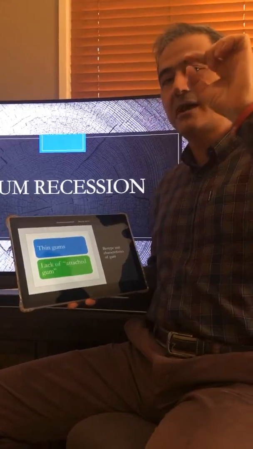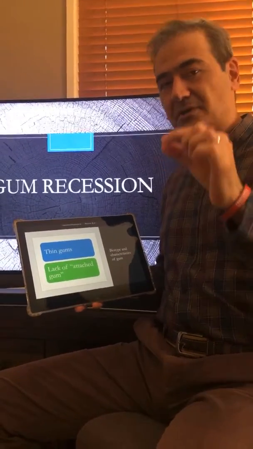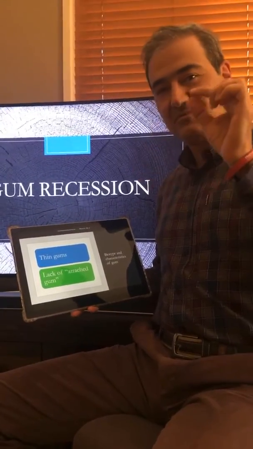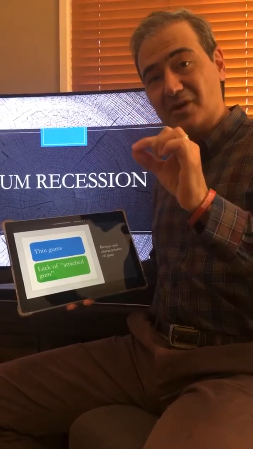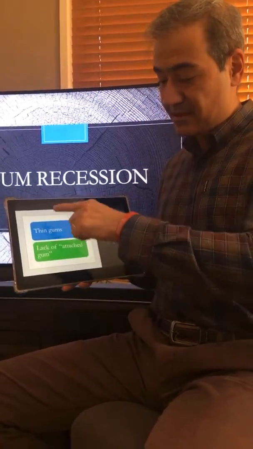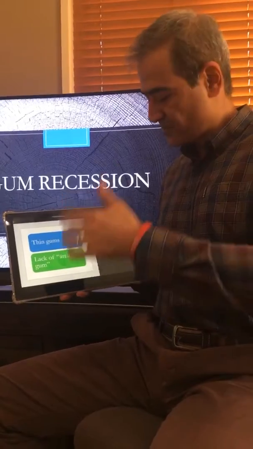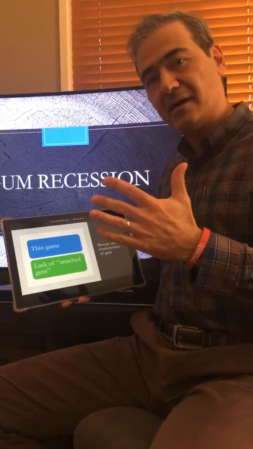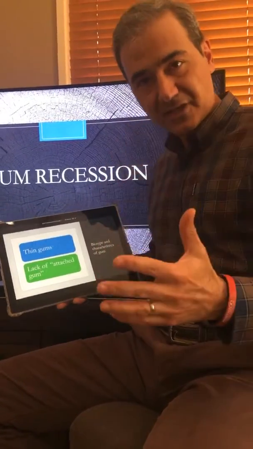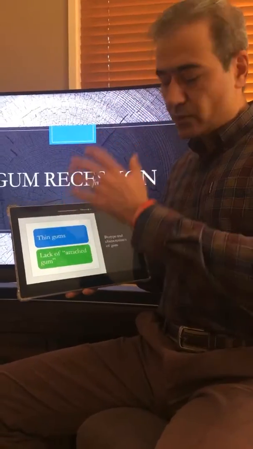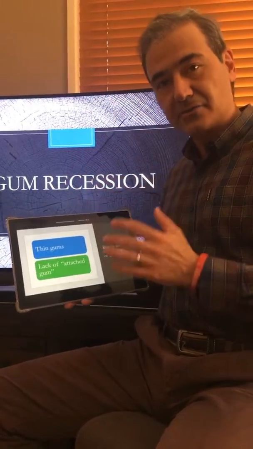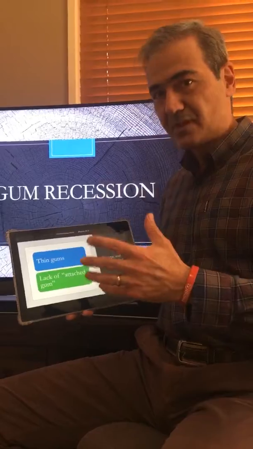It should be around 3-4 millimeters at least, but in some cases it gets close to even 0, and in these cases with thin gums, they're very predisposed to gum recession. So these were the 3 main categories causing gum recession.